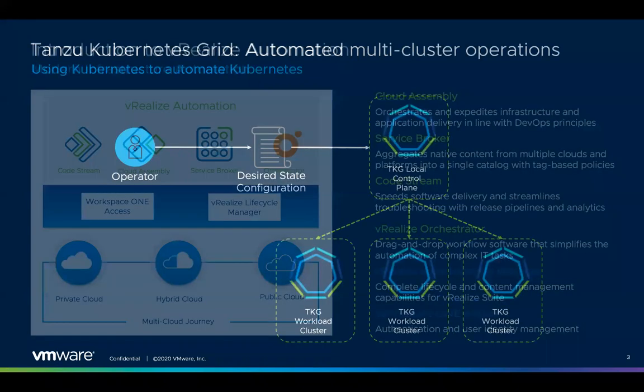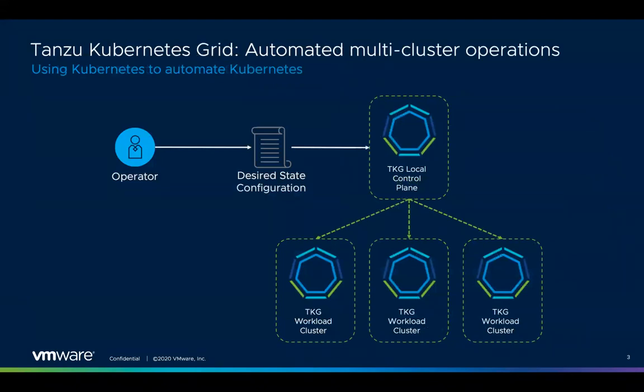Okay. Next slide. So what's Tanzu Kubernetes Grid? Tanzu Kubernetes Grid is our sort of prepackaged Kubernetes offering. It's leveraging the cluster API within the Kubernetes space, and it's deployed basically by an operator configuring a desired state.